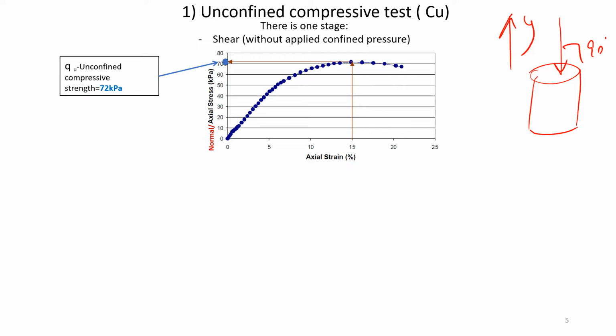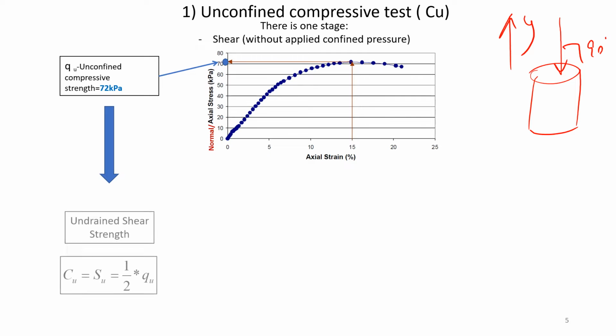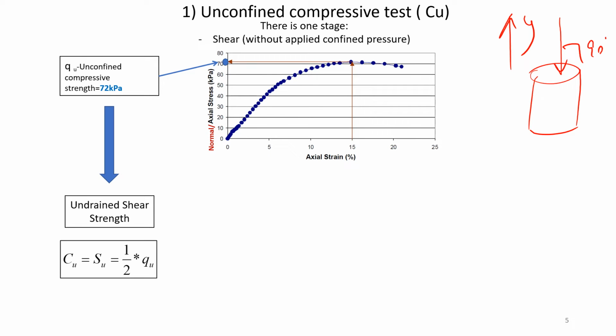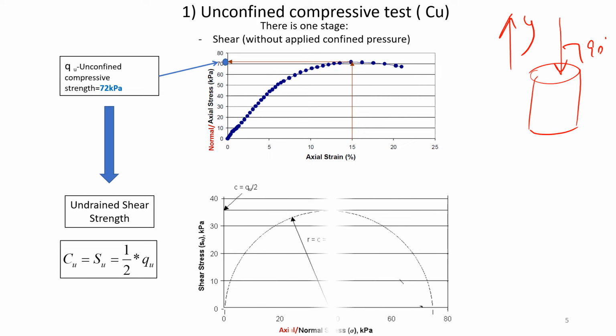Okay. And this one, unconfined compression strength, is 72 kilopascal for this specific case. How do you get undrained shear strength, which you're going to use for your design purposes? Pretty straightforward. It's half of your unconfined compression strength. And why is that? Mohr circles.